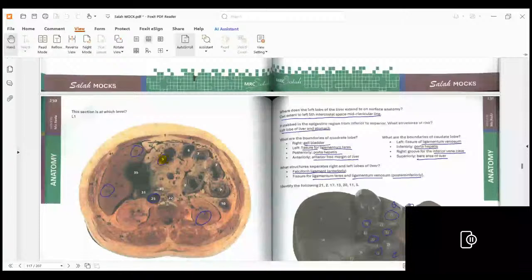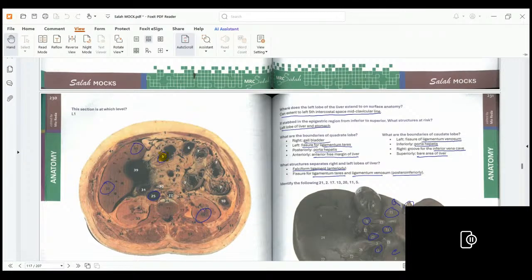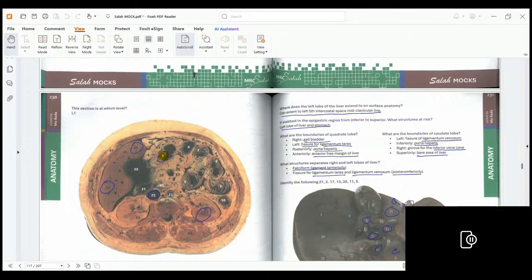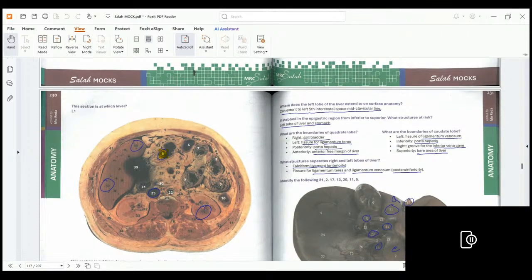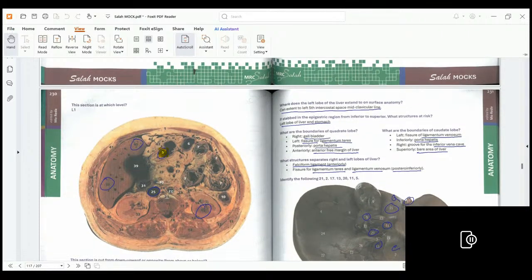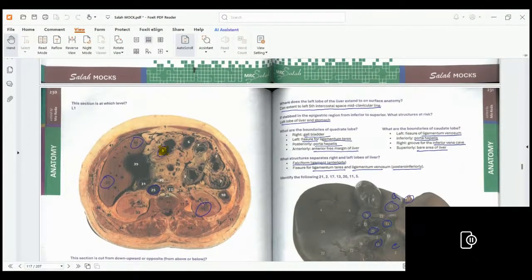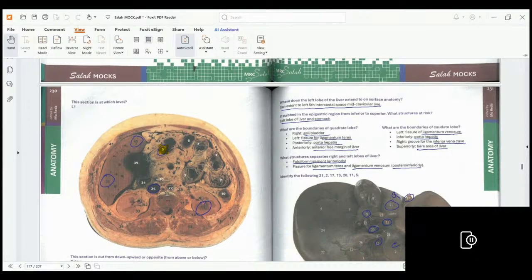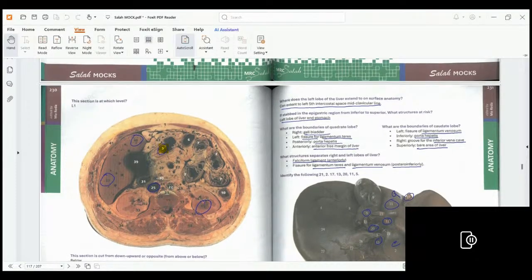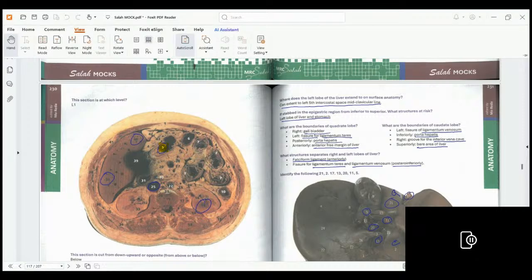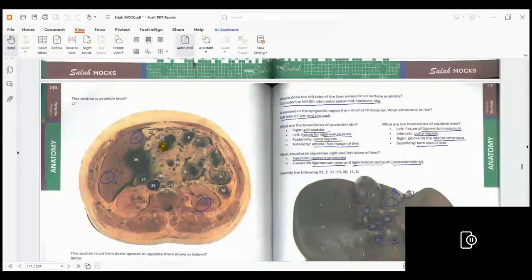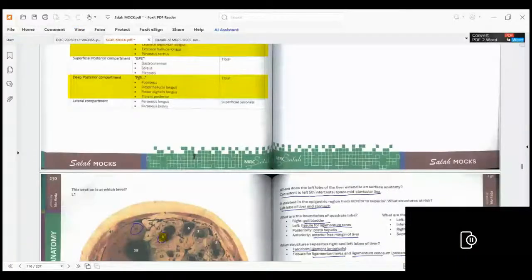Section L1 level. This section is cut from down upward, from below. Then identify structure number five. Structure number five looks like this.